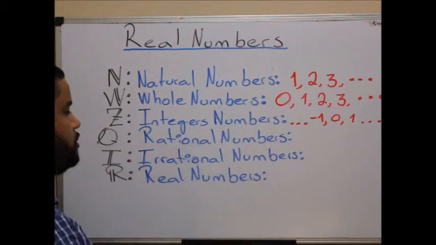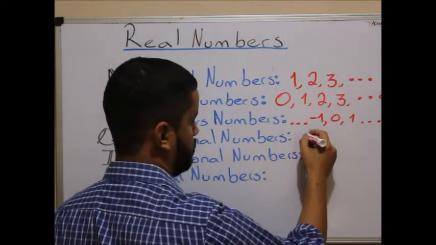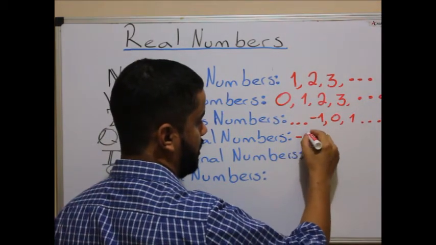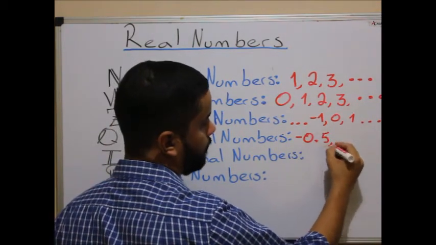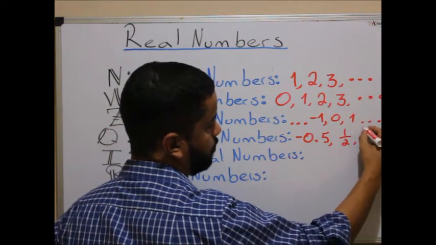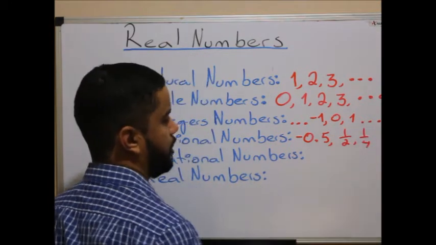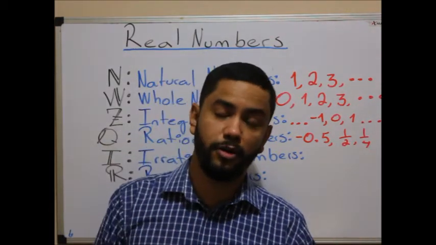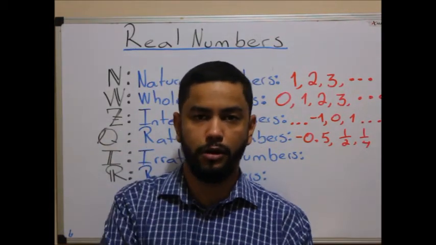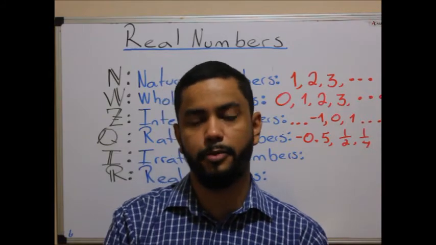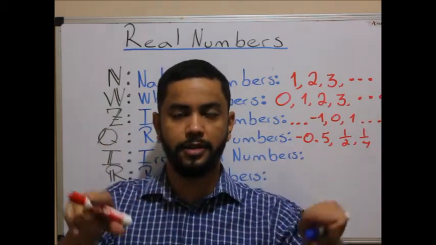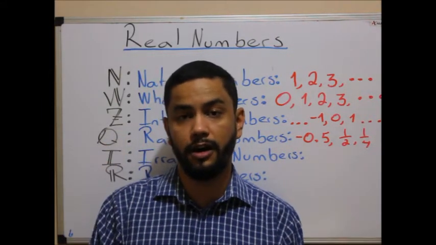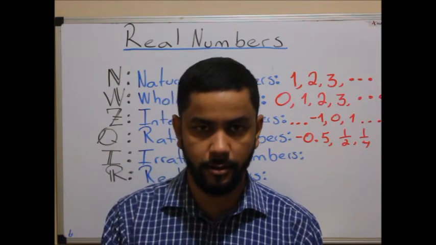Now, the rational numbers are fractions and decimals like -0.5 or 1/2, 1/4, and we can continue adding fractions that we know as proper fractions. All those fractions that you can represent in rectangles are rational numbers.